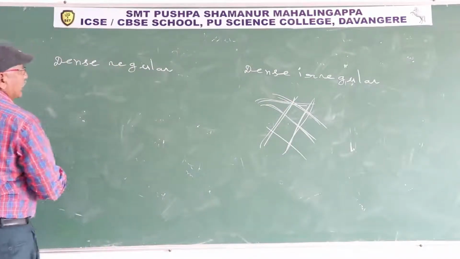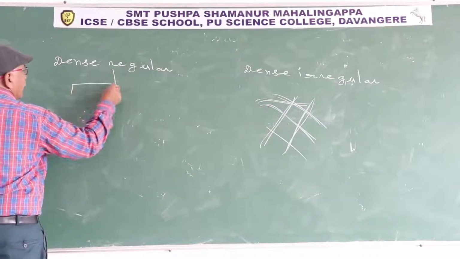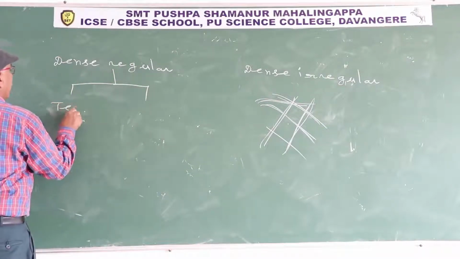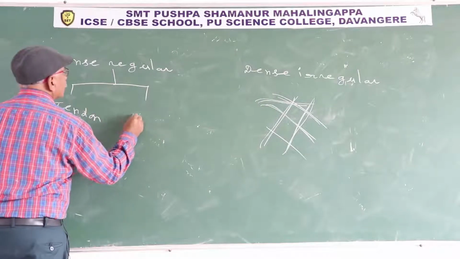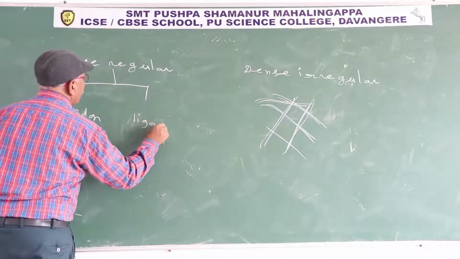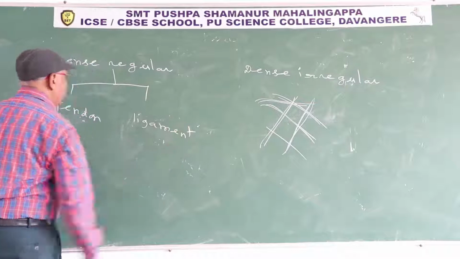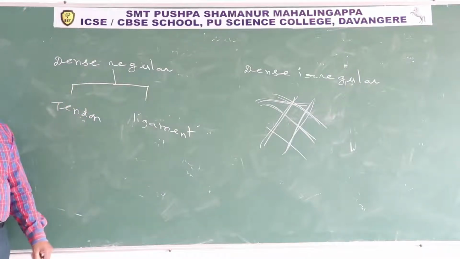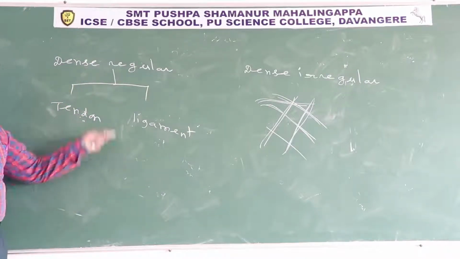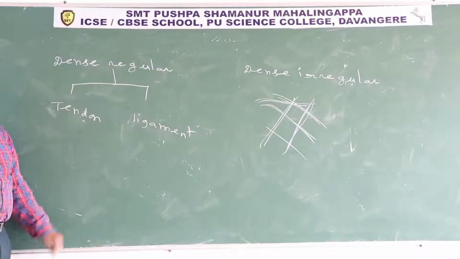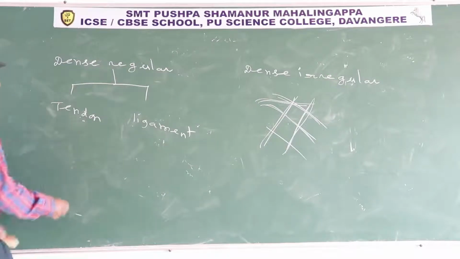Dense regular connective tissue is of two types, tendon and ligament. Sometimes they may ask, define tendon. Tendon is a dense regular connective tissue, connects muscle to bone.